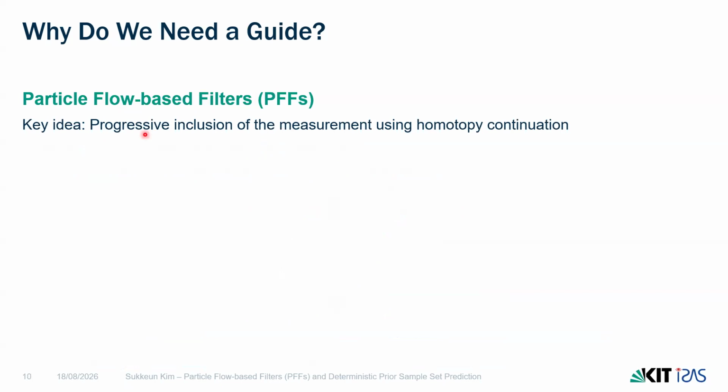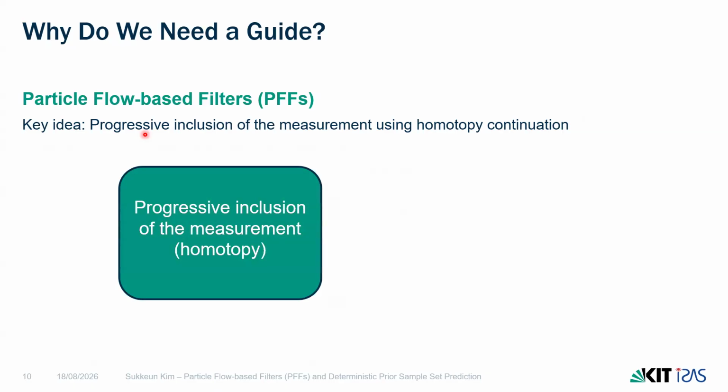The key idea of the particle flow filter is the progressive inclusion of the measurement using homotopy continuation. Instead of using the measurement with the likelihood at one time, we divide it into smaller sections and use the measurement in a progressive, inclusive way for the updates. And then we use the homotopy.